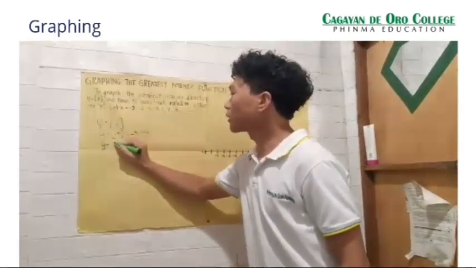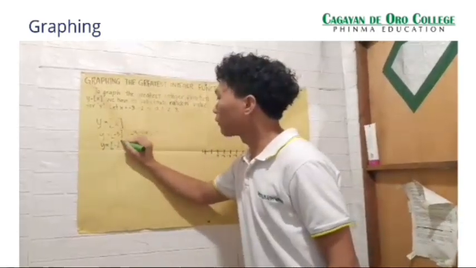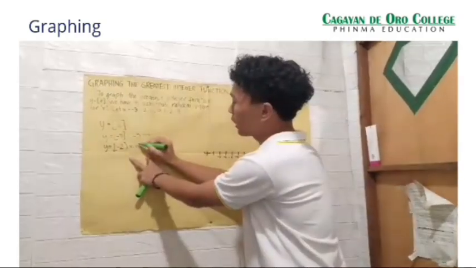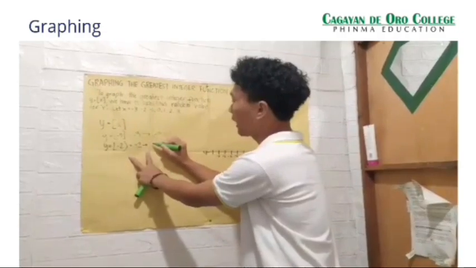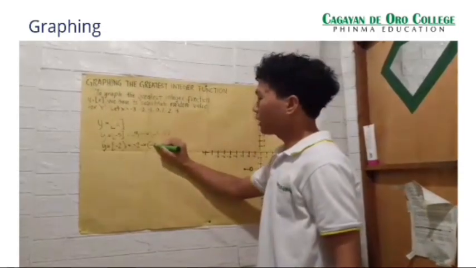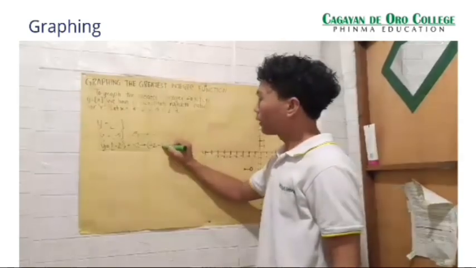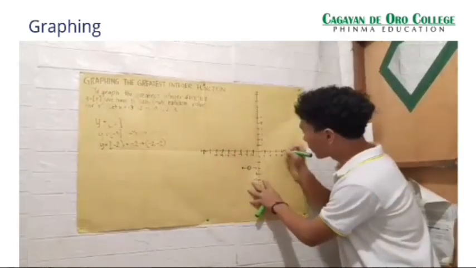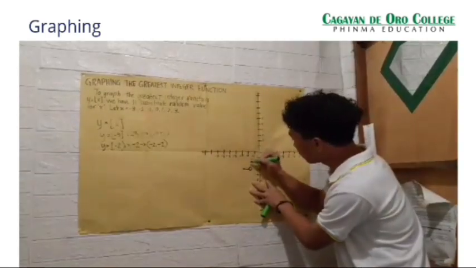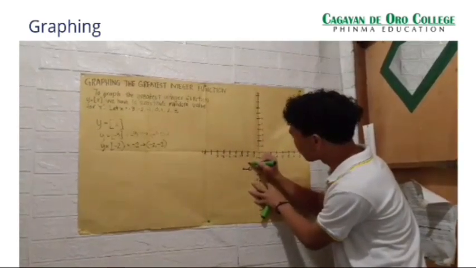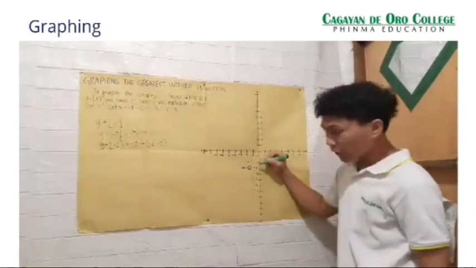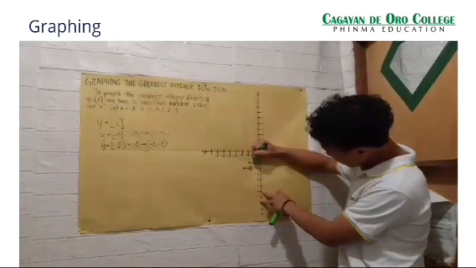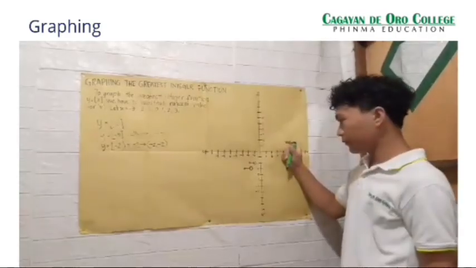y is equal to the floor of negative 2, that is negative 2, where it implies that our ordered pair is negative 2 and negative 2. So we can say the negative 2 here and negative 2. And don't forget to move 1 unit again. That ends in an empty circle, right?